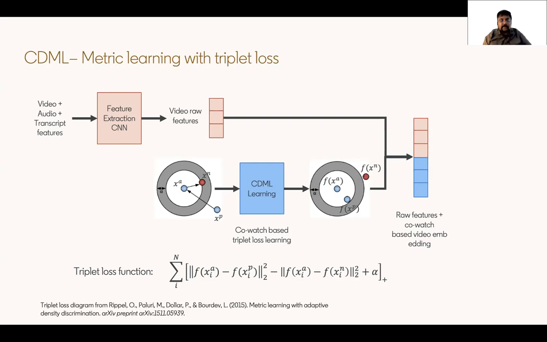You can see the triplet loss function here, and we also use a margin alpha, which is a hyperparameter that can be tuned for a specific use case. Finally, the embedding we get is a combination of the raw content features and also co-watch information. So this can be thought of as an embedding containing both content information as well as member behavior on LinkedIn feed.